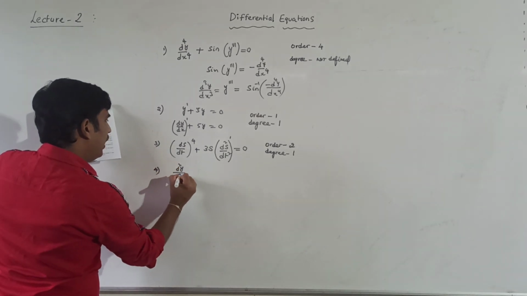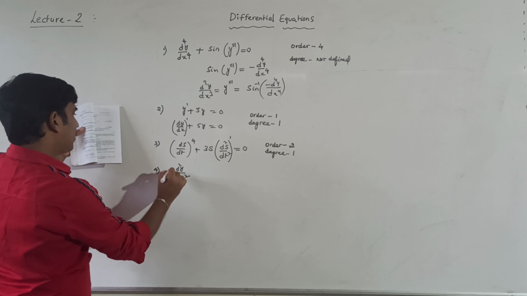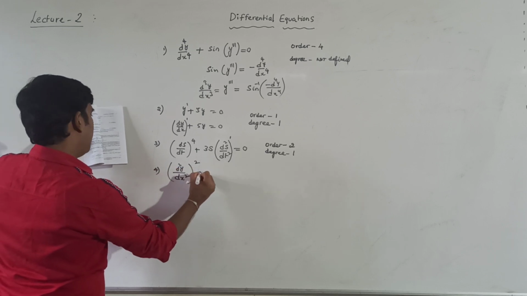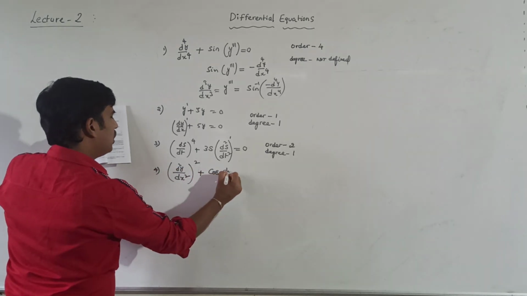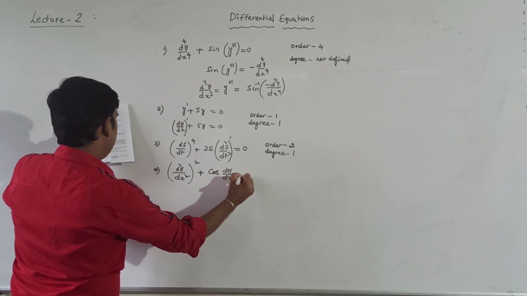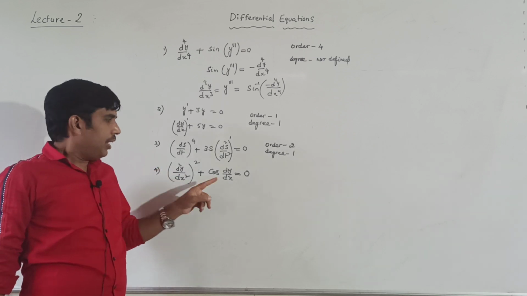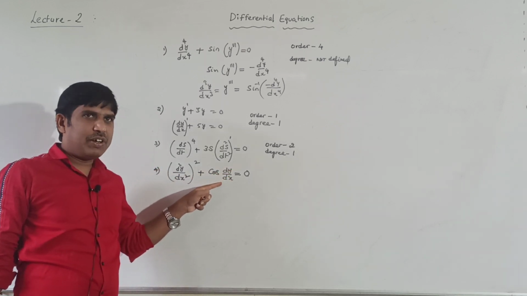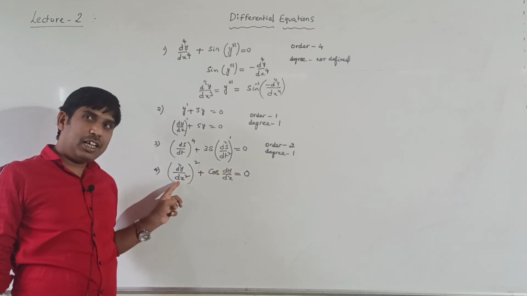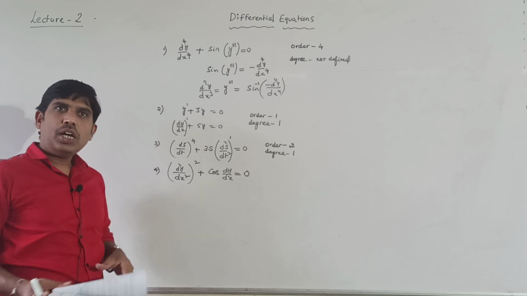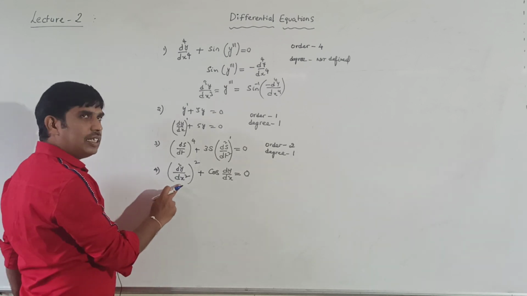Next, the fourth one: d square y by dx square whole square plus cos dy by dx is equals to 0. Important problem. Here the first order derivative is there, and the second order derivative is there. So the highest order derivative is this one.